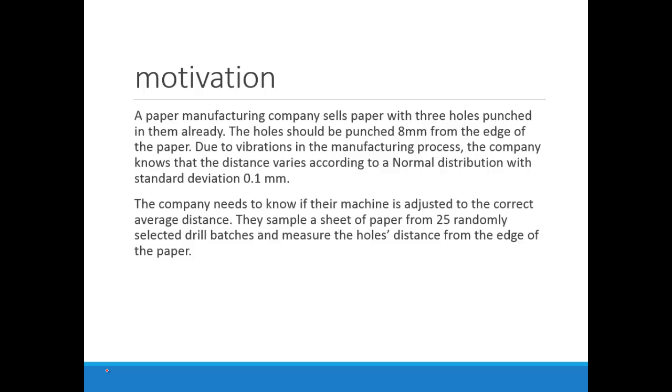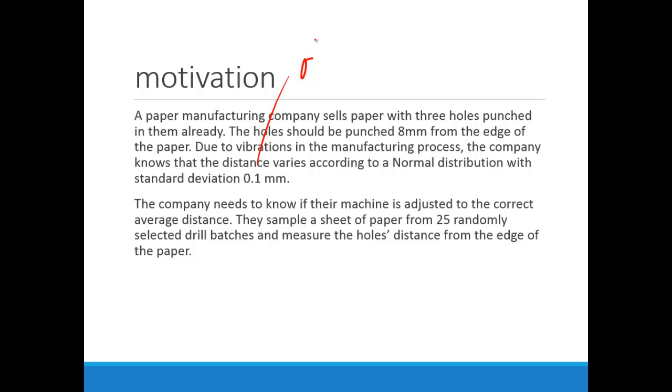Now let's say we know that the distance the hole is punched from the edge of the paper varies according to a normal distribution with standard deviation 1 millimeter. So this is my population standard deviation sigma.